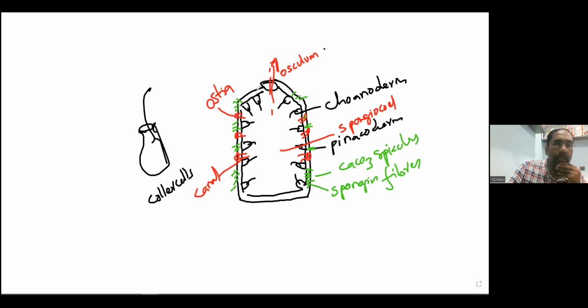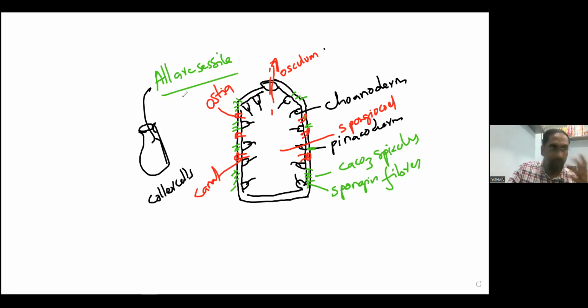Stationary. Commonly called sponges. Mostly marine, few freshwater. Habit, all are sessile. They cannot exhibit movement, but larvae can exhibit movement.